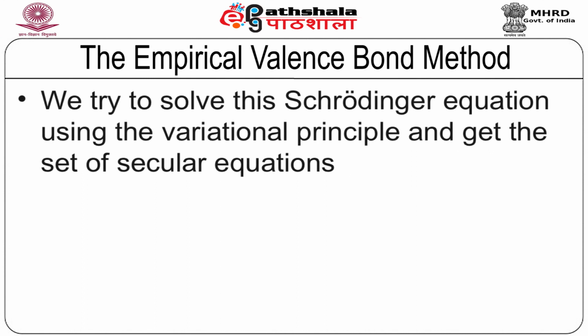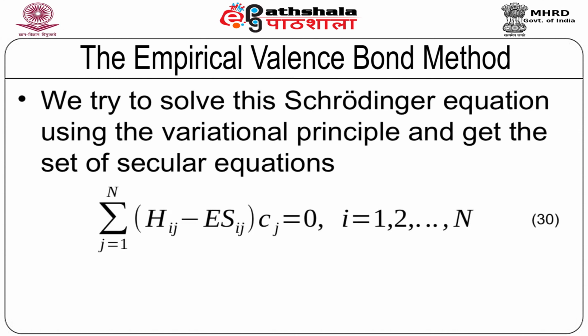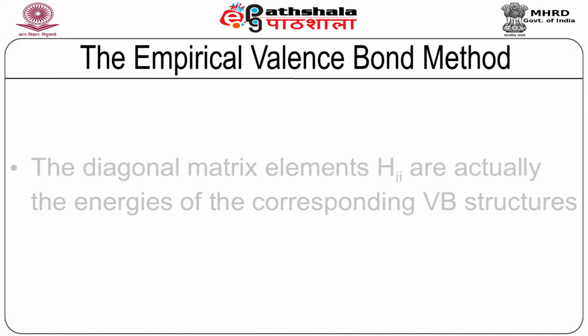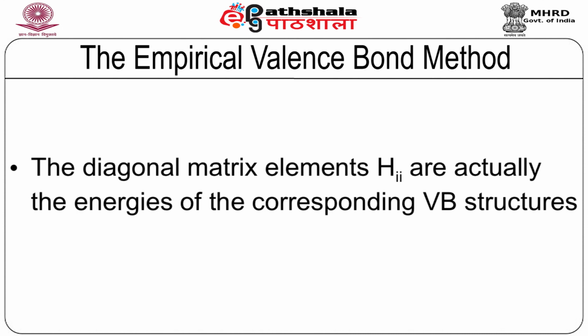We try to solve this Schrödinger equation using the variational principle and get the set of secular equations: sum over j equals 1 to N of (Hij minus E Sij) Cj equals 0, for i equals 1 to N, where Hij and Sij are the Hamiltonian and overlap matrix elements. The diagonal matrix elements Hii are actually the energies of the corresponding valence bond structures.